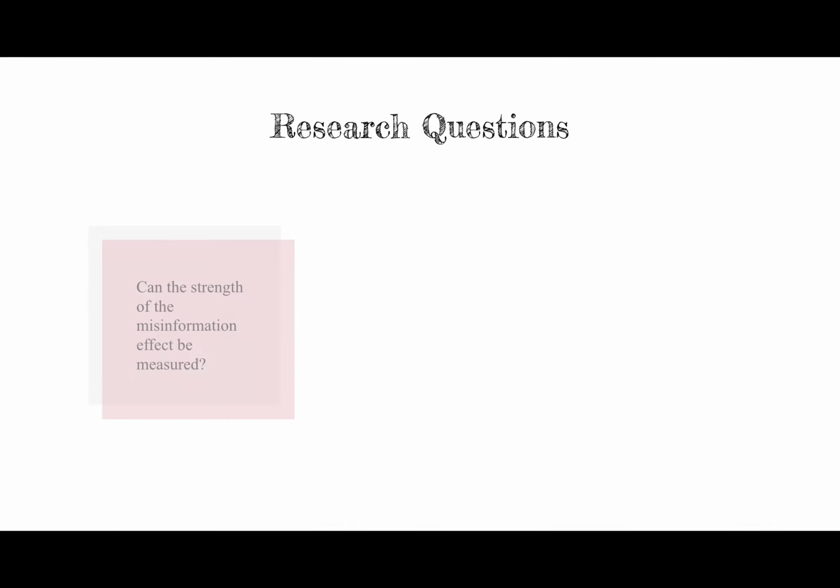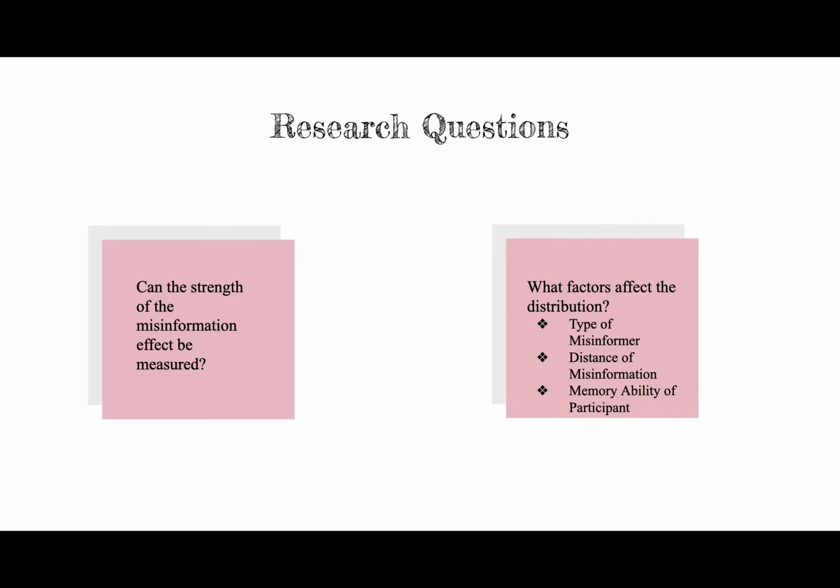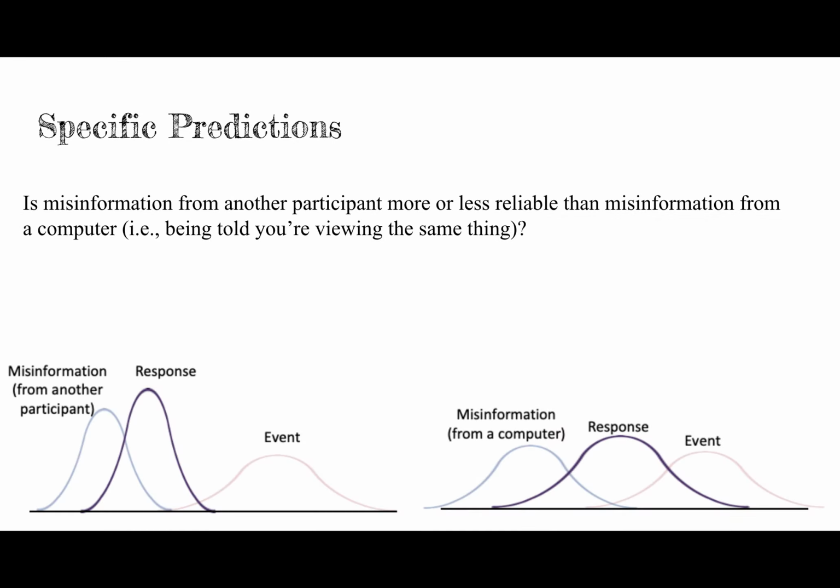So, one of the questions we're asking is, can the strength of the misinformation effect be measured? As well as what factors affect the distributions, such as the type of misinformer, the distance of the misinformation, or the memory ability of the participant. So, going a little more in depth into the factors.